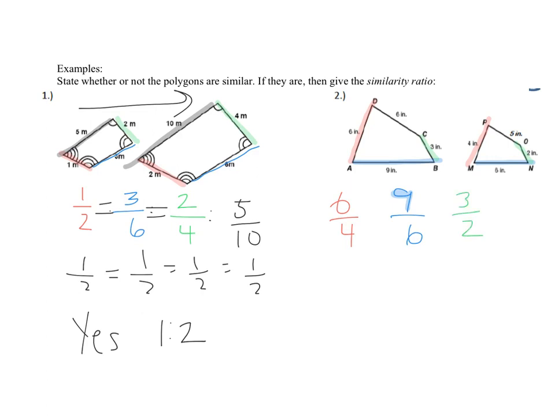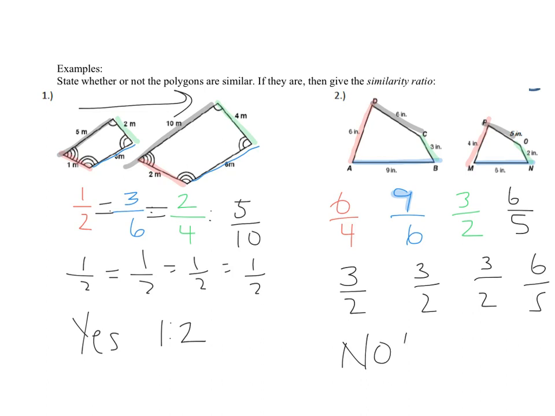And then finally, our last pair would be 6 to 5. Okay, let's reduce all of these. So we're going to get 3/2, and 3/2, and 3/2, and 6/5. So these are not all proportional. They don't have the same ratio. So no, these are not similar, because they don't have the same ratio.